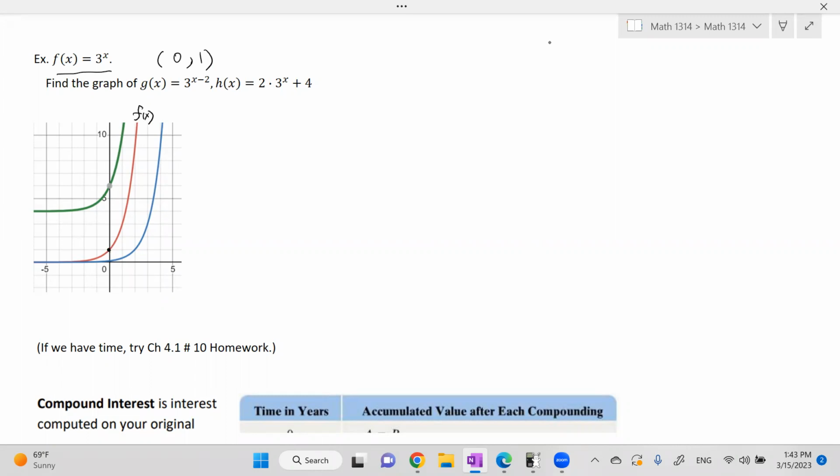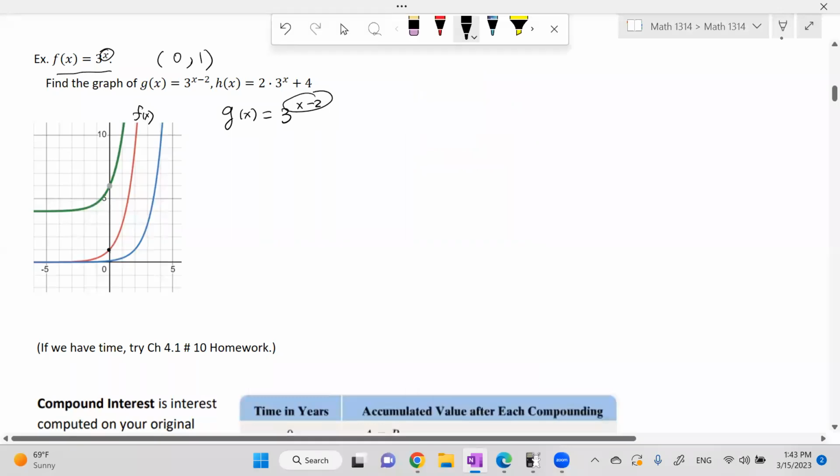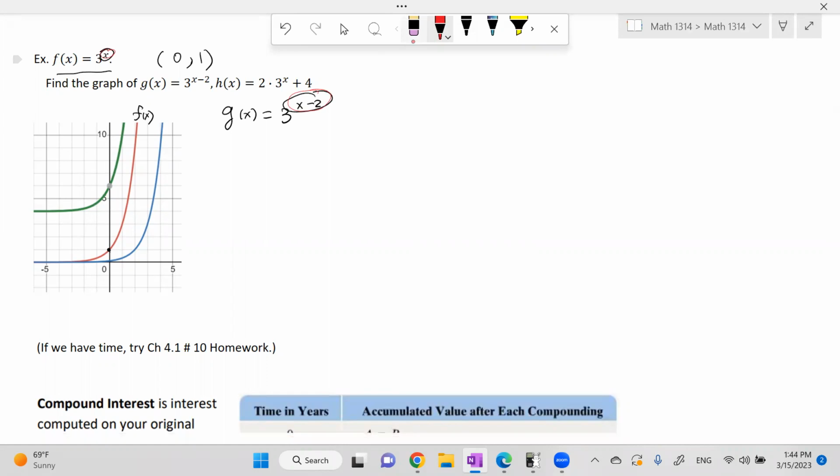Which graph? G of x, h of x. G of x, f of x, here, right?